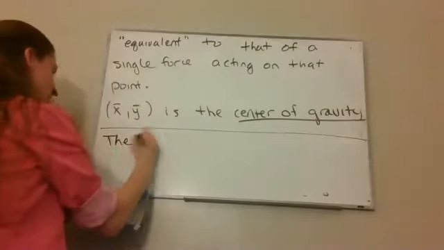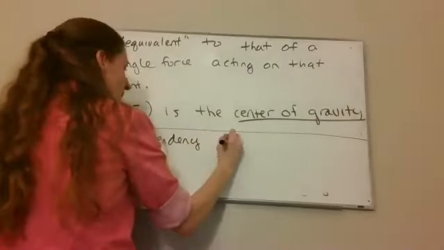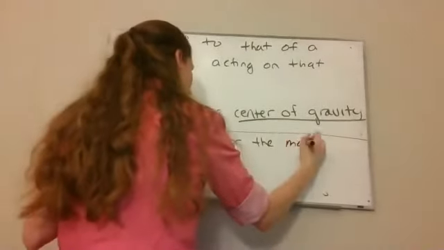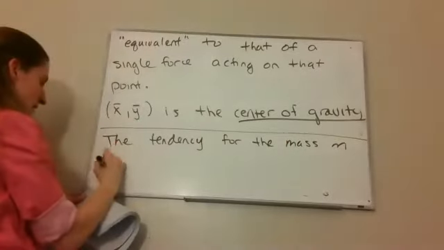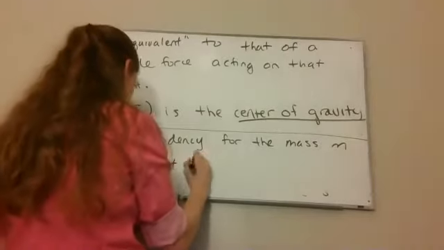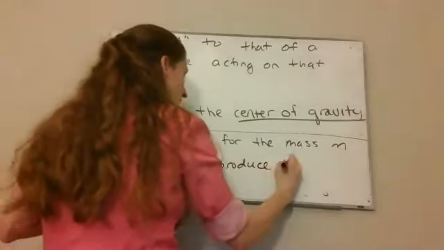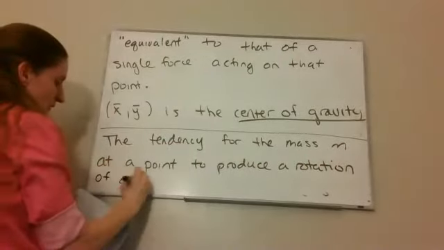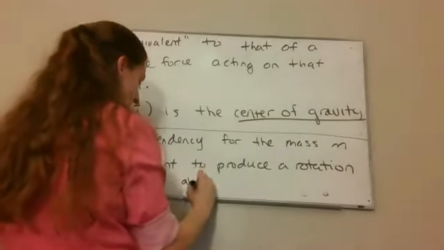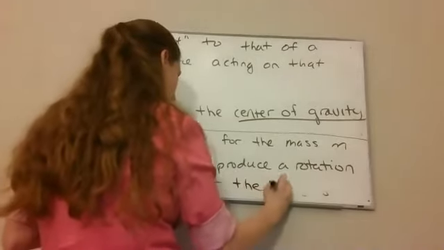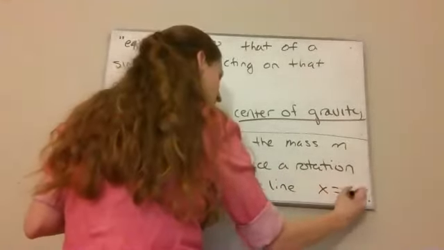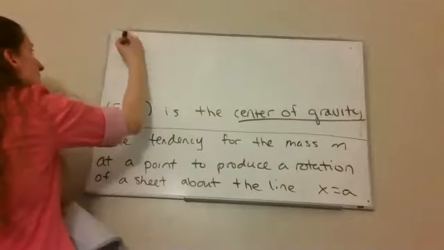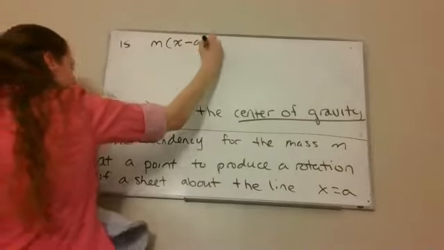So the tendency for the mass m at a point to produce a rotation of a sheet about the line x equals a is m times x minus a.